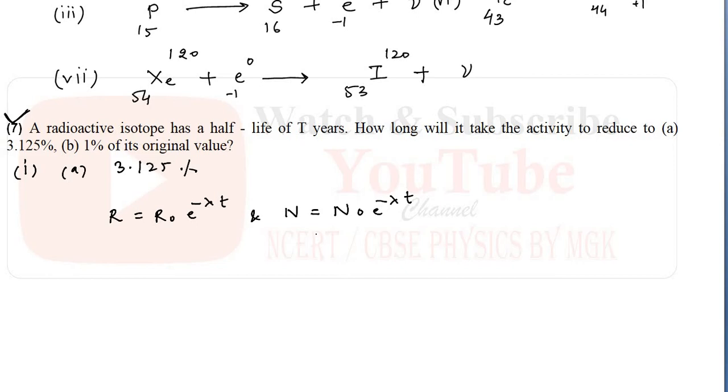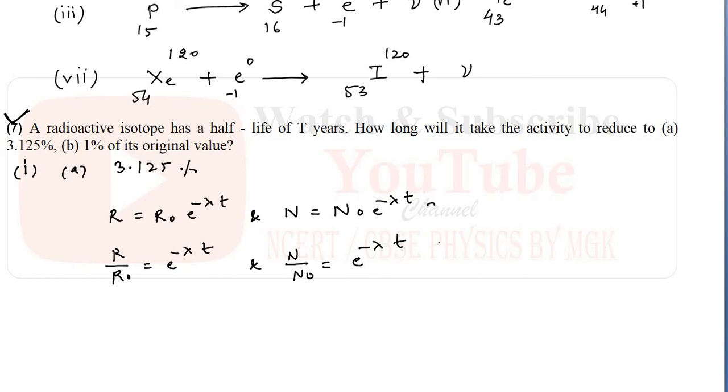After rearranging, R upon R naught is equal to e raised to minus lambda t, and N upon N naught is equal to e raised to minus lambda t.